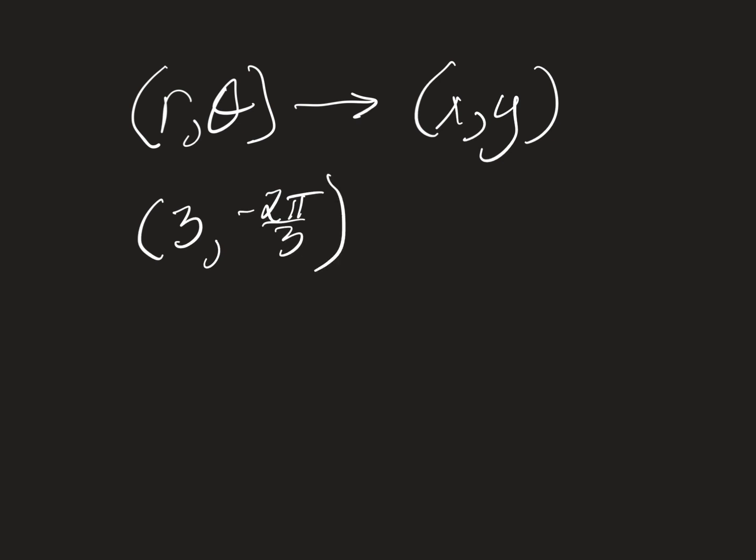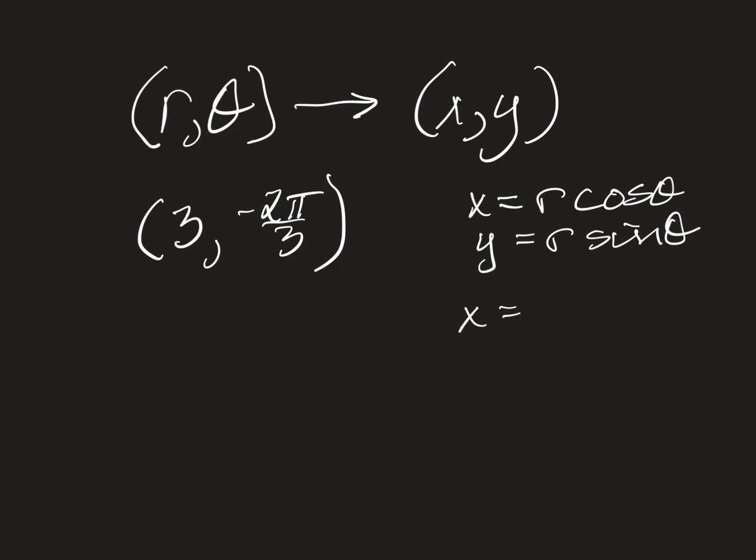We know that x equals r cosine theta and y equals r sine theta. So we can use these to find x, y. All we have to do is plug and chug at this point.